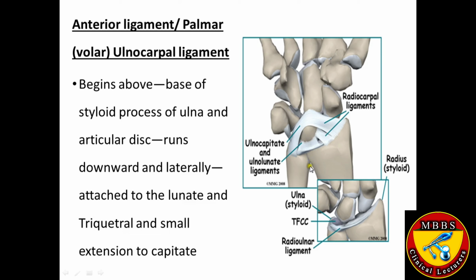It runs downward and towards the lateral side, attached to the lunate and triquetral and a small extension to the capitate. This is the anterior or palmar ulnocarpal ligament. Which one? The ulnocarpal ligament.